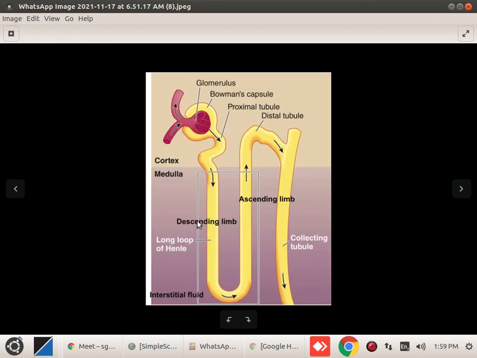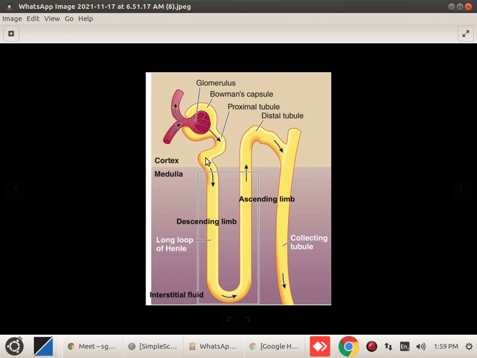Then after that, this diagram shows an important point: in the kidney there is a cortex part and a medulla part. The cortex part is just near the wall of the kidney. The medulla part is inside the kidney. Questions come from here, and marks questions are asked quite often. Which parts of the nephron are located in the cortex of the kidney?